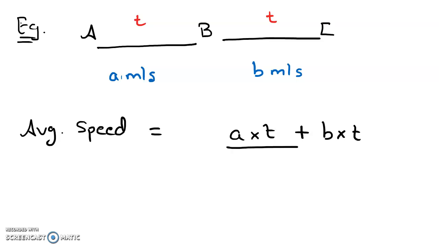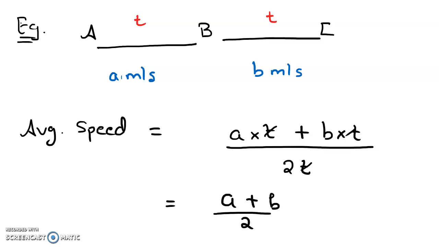Distance was not given, but speed and time are given, so you multiply them. And what is the total time? 2T. T cancels out. The final expression is A plus B divided by 2, which is the arithmetic mean, which is exactly the average. So average speed is the average when the time is constant.